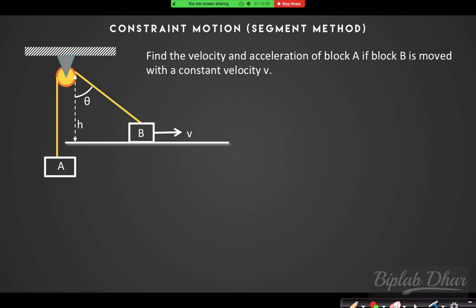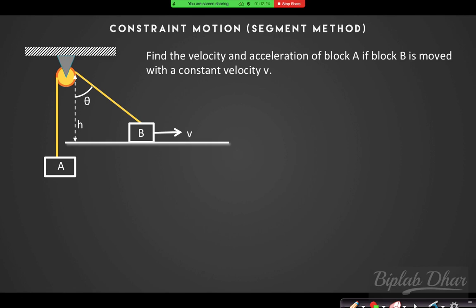But if you do not find the velocity or displacement along the length, you take the component of that velocity along that length, and you find the same constraint equation that we have used.